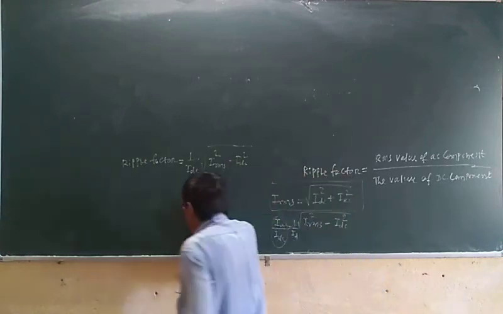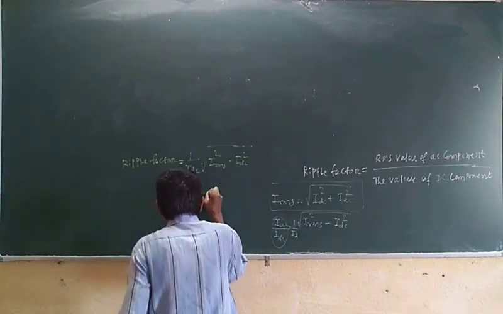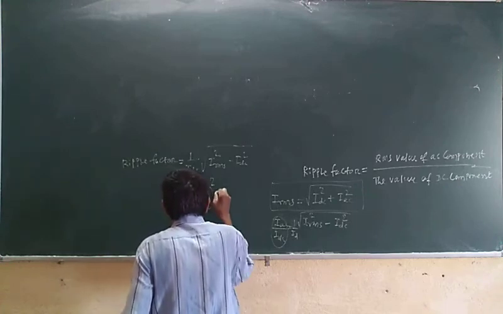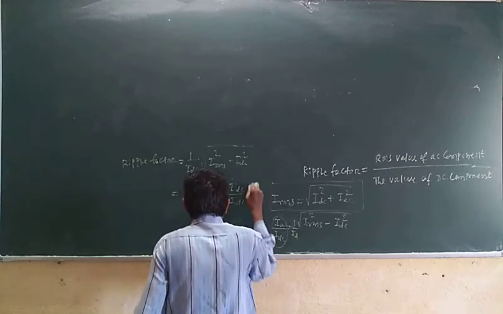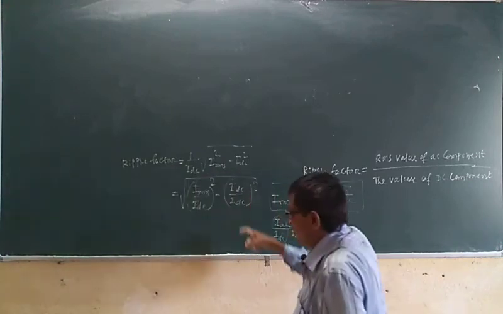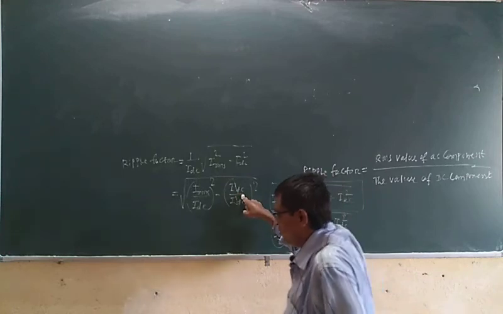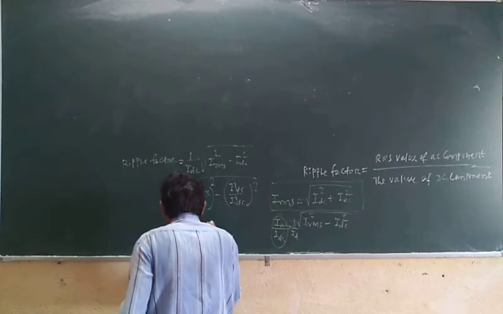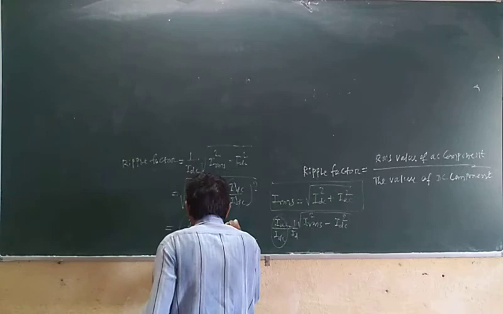Then it is simplified: the square root of (IRMS by IDC) square minus IDC by IDC square. IDC divided by IDC cancels, giving 1. So the ripple factor is the square root of (IRMS by IDC) square minus 1.